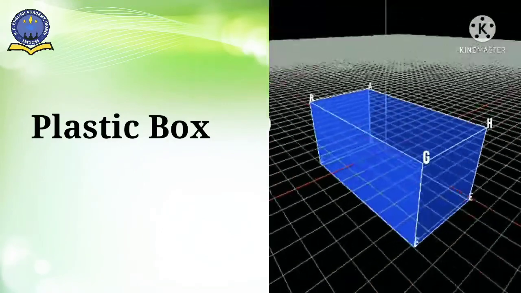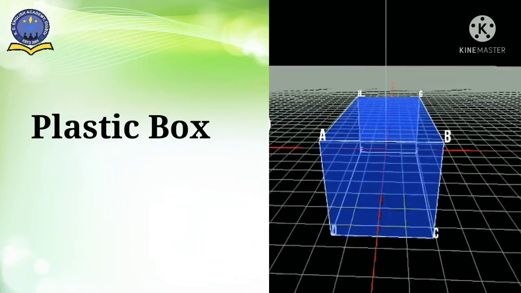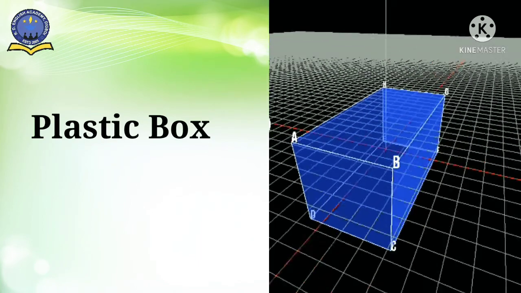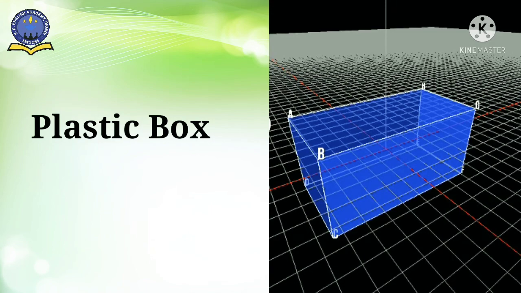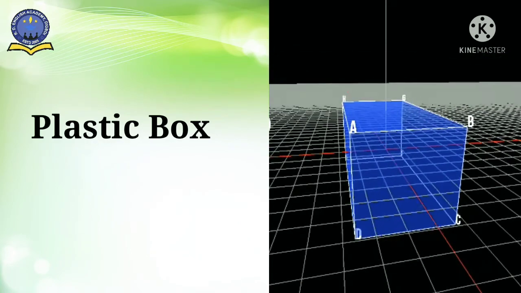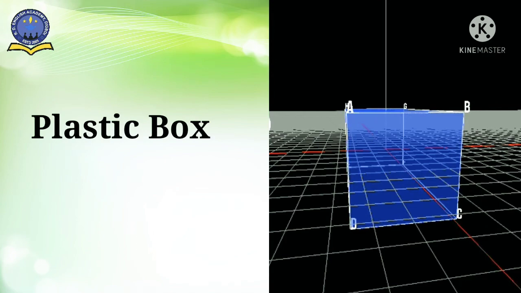We have to find the area of these 5 faces, because the top part is open. Here the longest side, either AH or BG, is the length, AB is the width, and BC or AD is the depth.